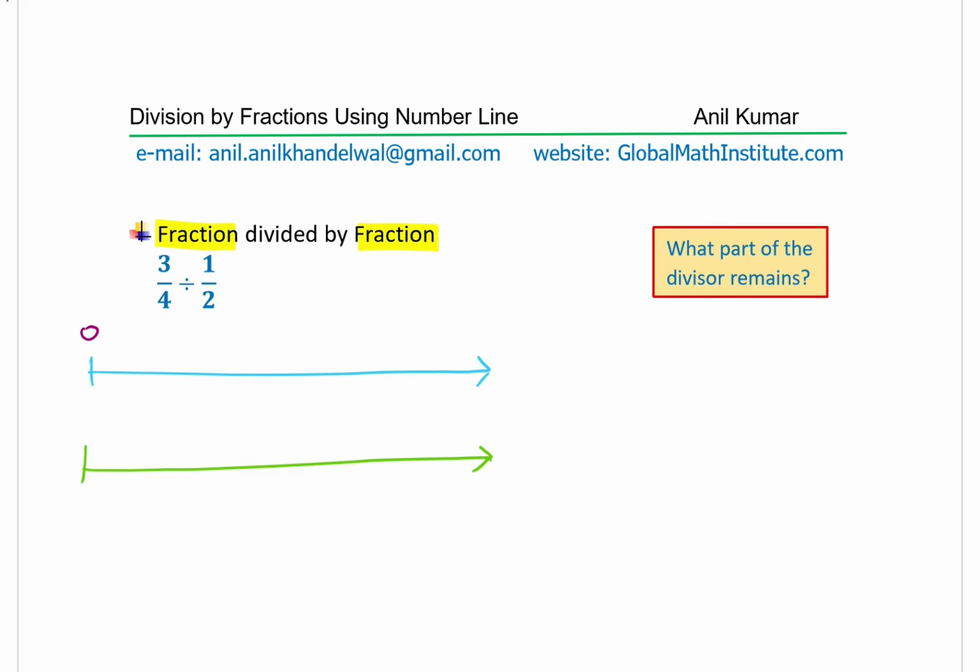Let's say this is 1 for us. Okay. To get 3/4, we are going to divide this into 4 equal parts. So that is 1/4, this is 2/4, and that is 3/4. And 1/2 is also equal to 2/4. So we can think about a common denominator.